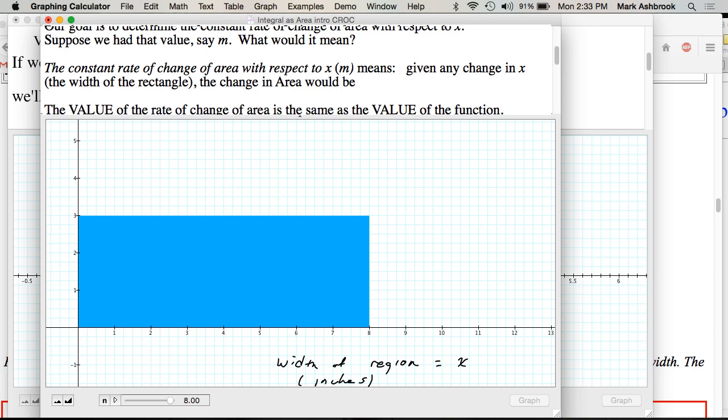We're just saying if we knew that constant rate of change m, given any change in x, what would the change in area be? Right. It'd be that constant rate times the change in width. Exactly.